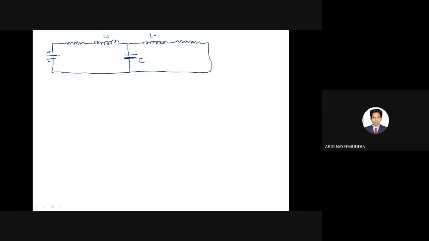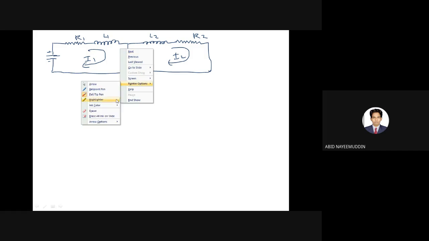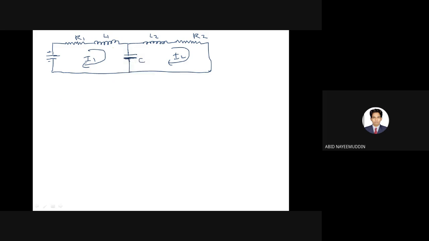L1, L2, R1, R2, I1, I2, the voltage across the capacitance is VC.